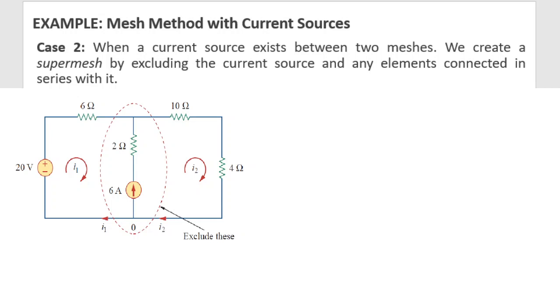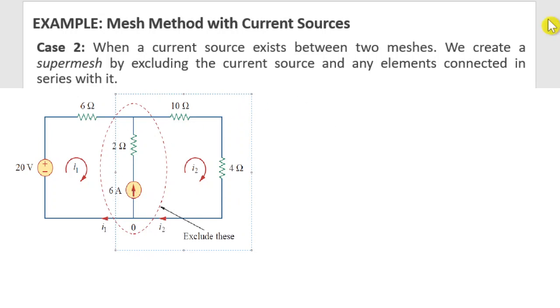Now for case 2, solving circuit diagrams using mesh method, but our circuit diagrams have current sources existing between two meshes. So we have this mesh, that one, and this one. There exists this current source 6 amperes.